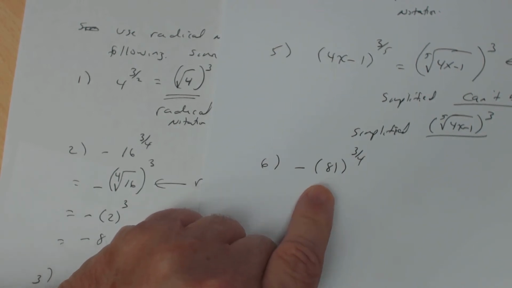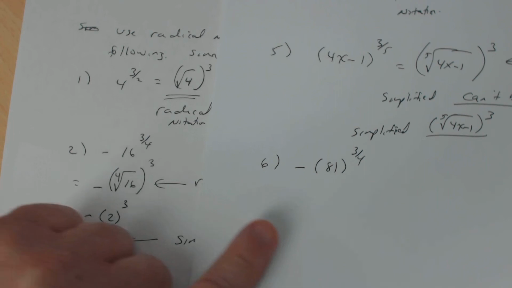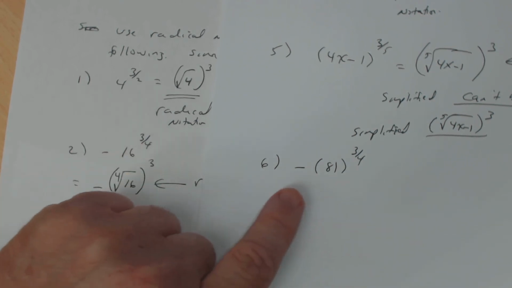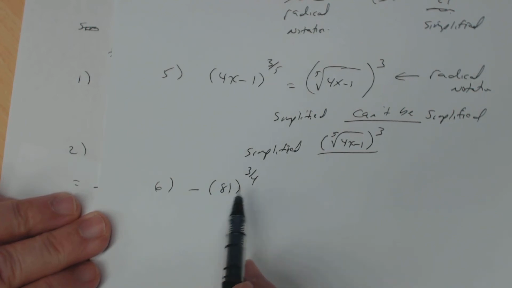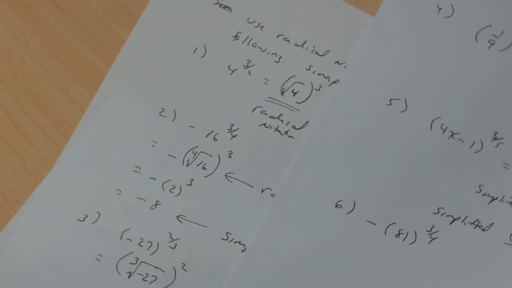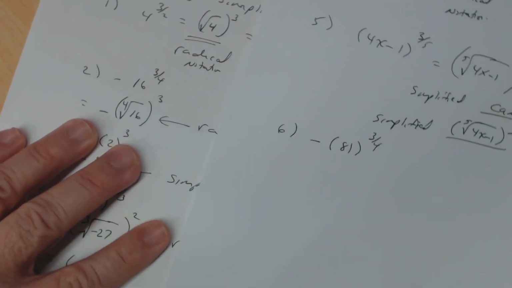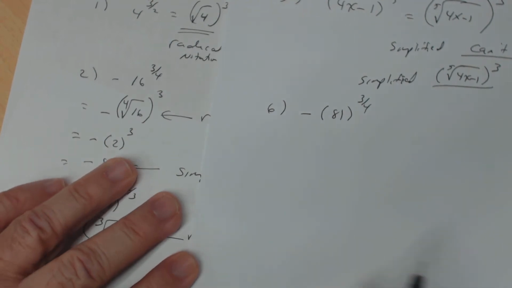They didn't have to. They could have said negative 81 without parentheses raised to the 3/4. But just notice the difference between these two. So don't let that confuse you. The only thing being raised to the 3/4 is 81. So there's a negative out there. So notice the difference between number 2 and number 6. So don't let that throw you off.